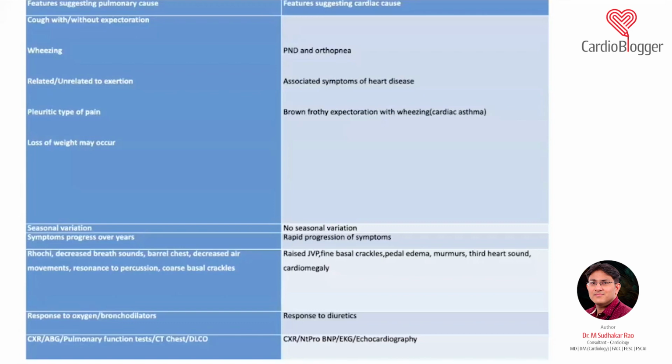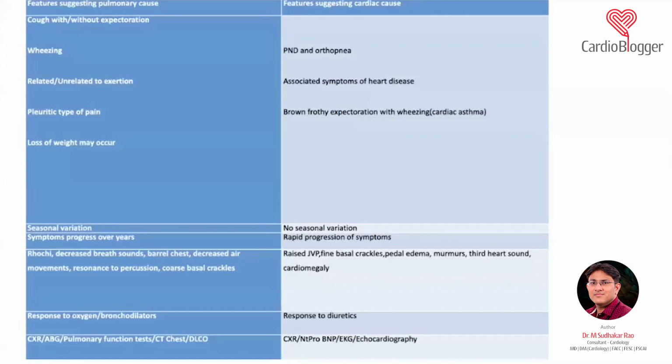If the patient gives a pleuritic type of chest pain, you should be able to differentiate it. And a history of loss of weight. So these may tell that an underlying pulmonary cause of dyspnea may be there. However, if the patient gives a history of orthopnea, PND, and other typical history associated with heart disease, or gives cardiac asthma, brown frothy expectoration with wheezing, then it may be an underlying cardiac cause.